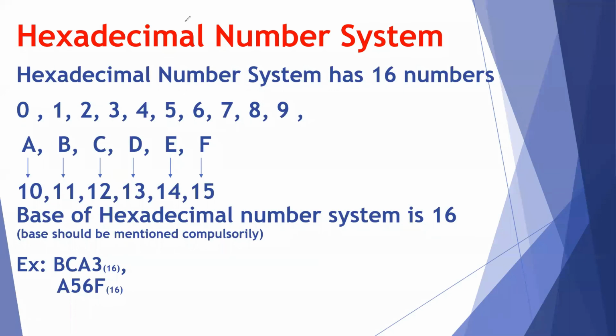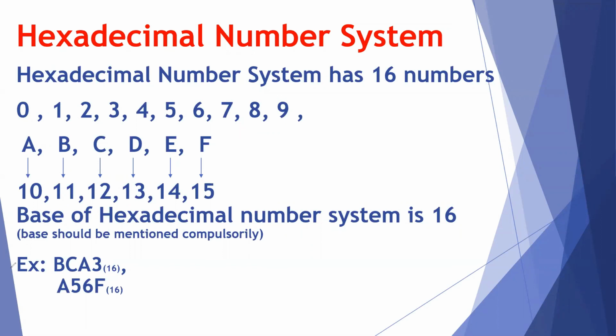In the binary number system, there are two numbers, so the base is also 2. In octal, there are 8 numbers, so the base is 8. In hexadecimal, we have 16 numbers in total, so the base is 16.